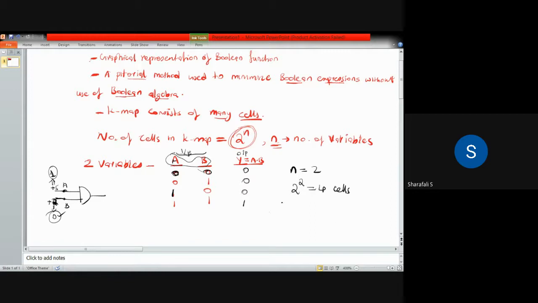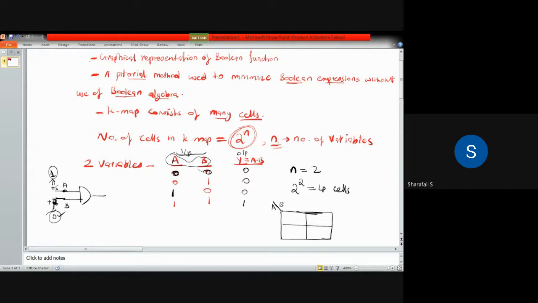So this K-map will look like this. We need 4 cells basically, and you can take your A, B values either on top or at the side of this line.